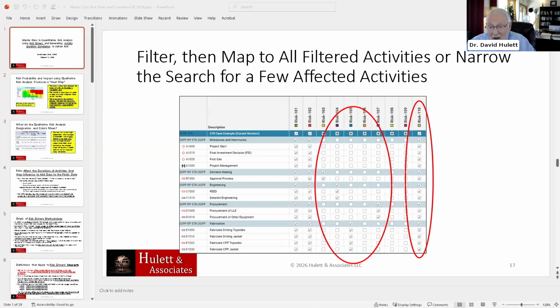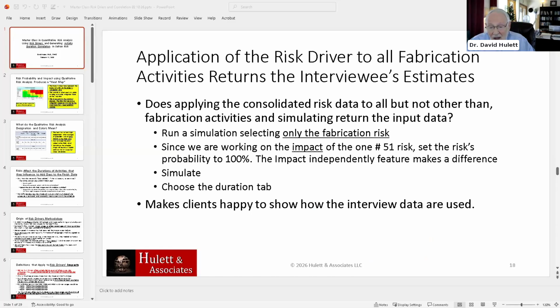Any risk in this schedule, including procurement, for heaven's sakes, that's going to be done by somebody else, or fabrication can be done by somebody else. But your team is so weak that it might very well affect the duration. Okay. So now I'm going to apply the risk driver to all fabrication activities.